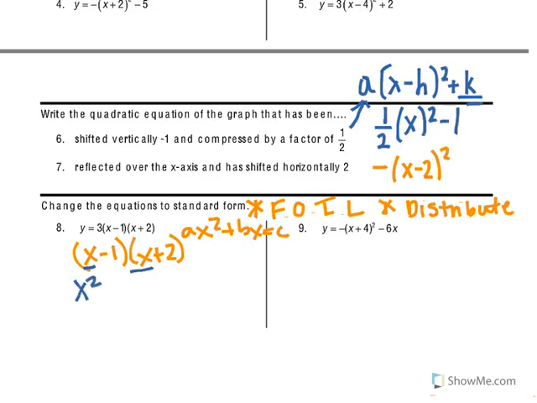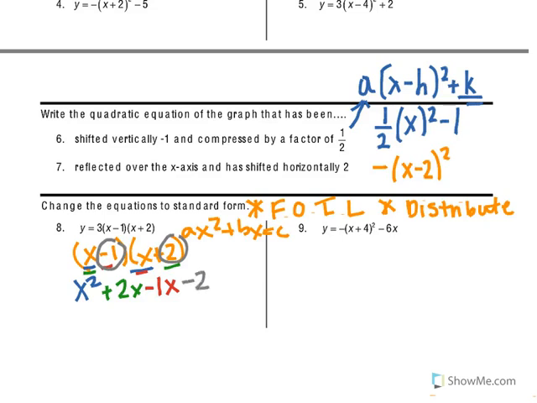Then the outer, so x times 2, that's 2x. Then we do the inner, which is -1 times x, so it's -1x. And then we do the last term, which is the -1 and 2. So -1 times 2 is going to give you -2.